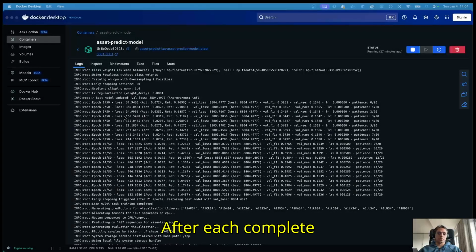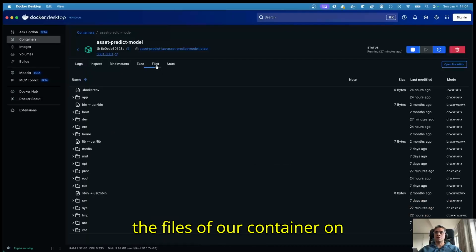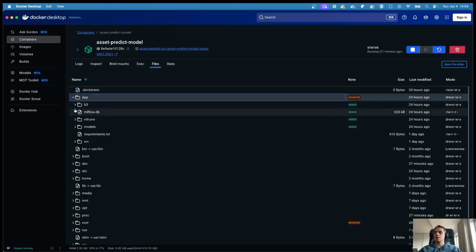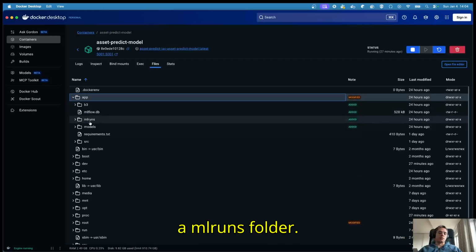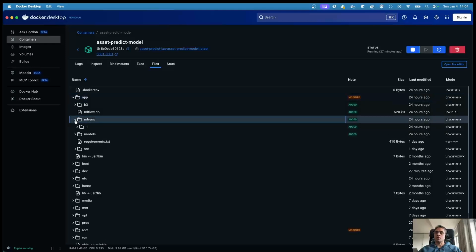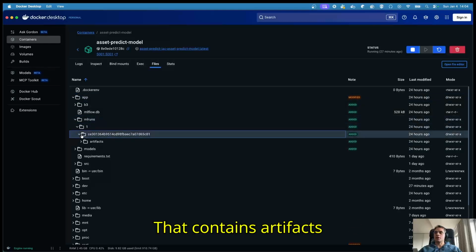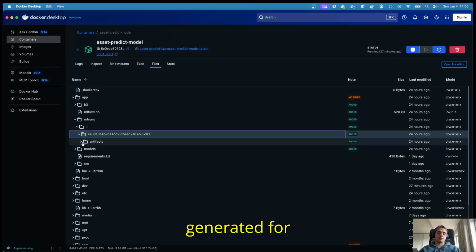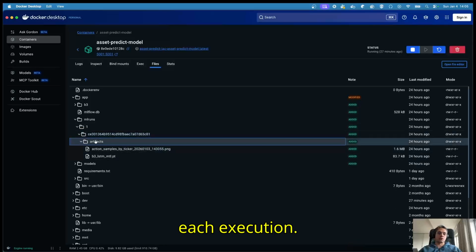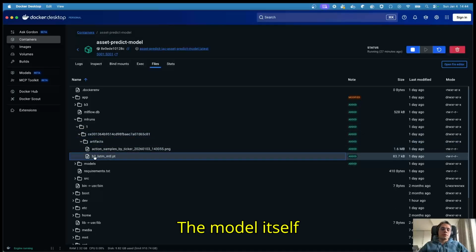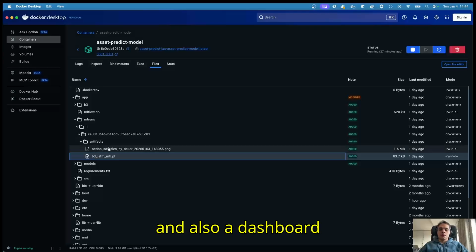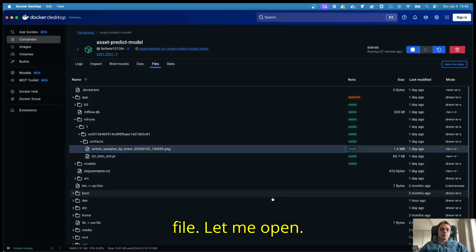After each complete training request, we can see in the files of our container, in the app folder, the ML runs folder that contains artifacts generated for each execution. The model itself, and also a dashboard file.